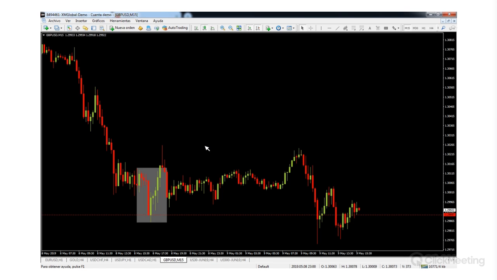Mathematically speaking, this setup, a test of the previous low, or the previous base around the 61.8 on a high volume zone and the previous POC, I've done the math, and I've done the back test. It has around a 67% chance, or 60% probability, of going my way.